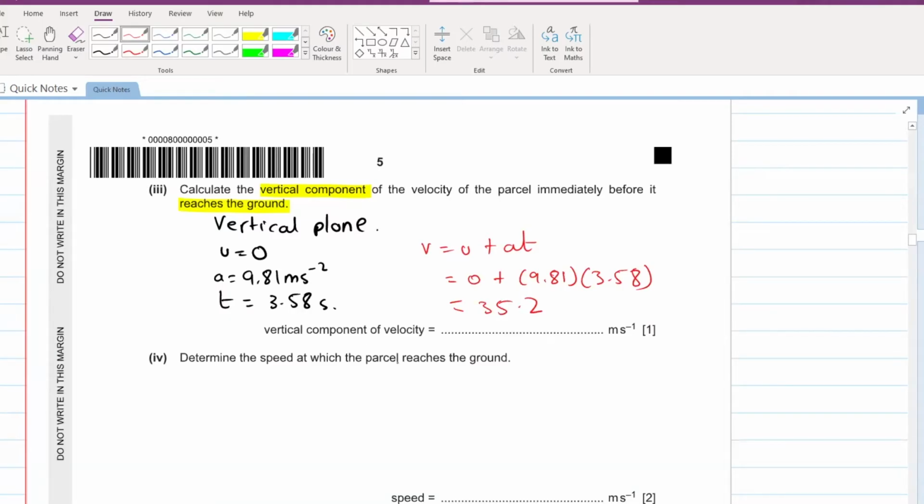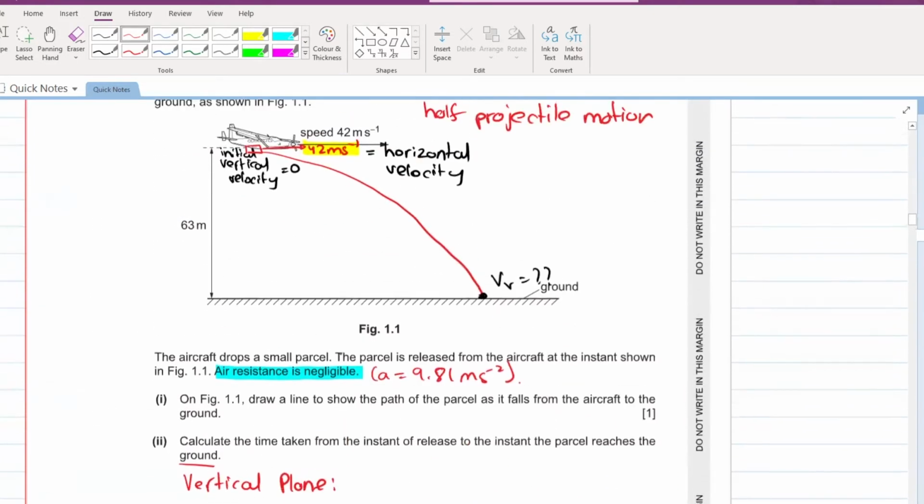Let's move ahead. Determine the speed at which the parcel reaches the ground. Please note that whenever only speed or total speed is written, the examiner is asking you to calculate the resultant speed.